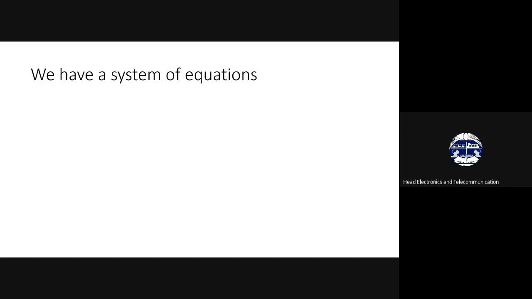So how do I do it? We have a system of equations like this. Suppose I have a pair of samples, x1 and y1. So the actual value is: x1 is the input and the corresponding output is y1.